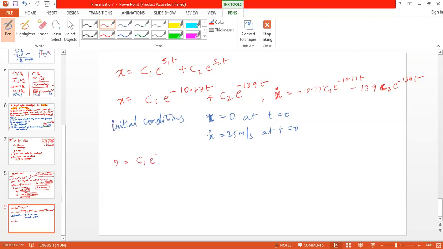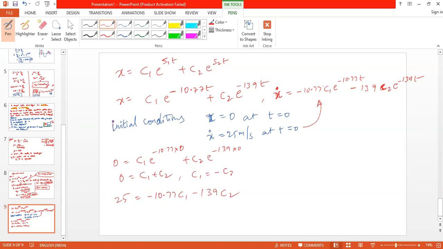For the first equation, 0 is equal to C1 e power minus 10.77 into 0 plus C2 e power minus 139 into 0. So I get 0 is equal to C1 plus C2. Substituting the second condition, 25 is equal to minus 10.77 C1 minus 139 C2.